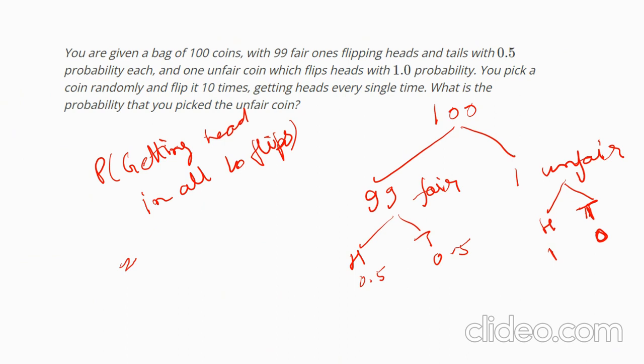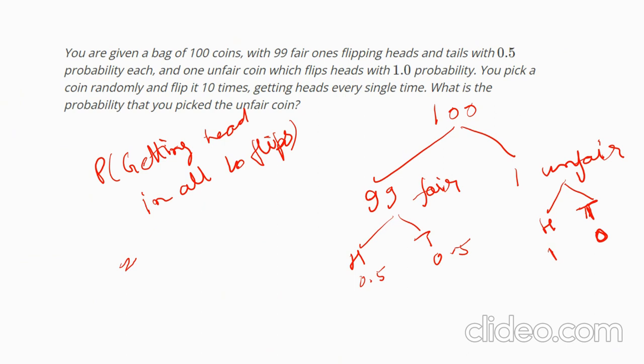Now we have selected this firstly. Let's say we have selected the coin from the fair coins, and now we are flipping it 10 times. Getting the head 10 times, its probability will be 0.5 in the first flip, 0.5 in the second, 0.5 in the third, and so on.